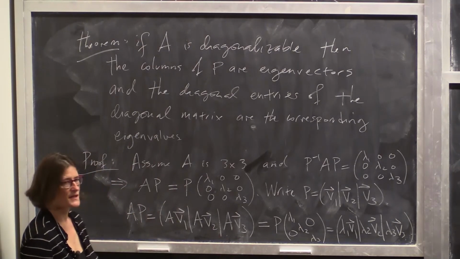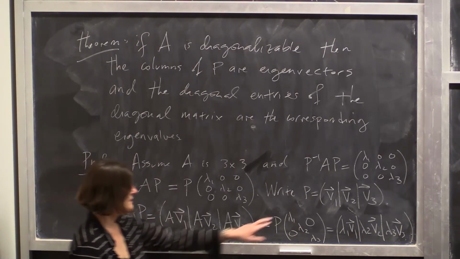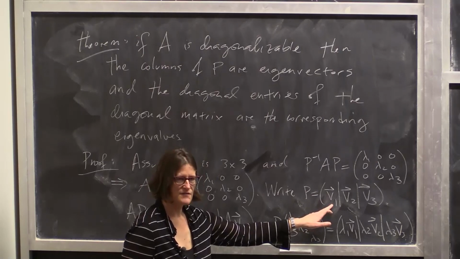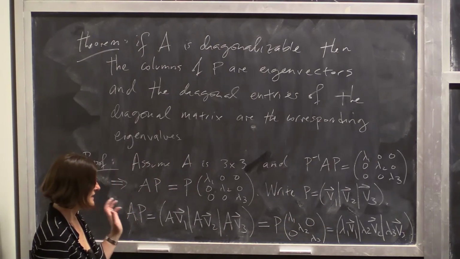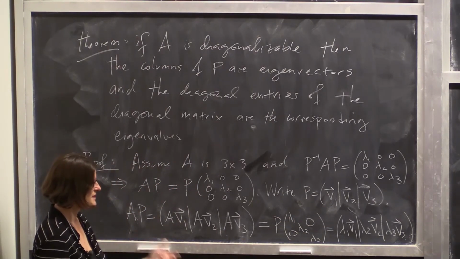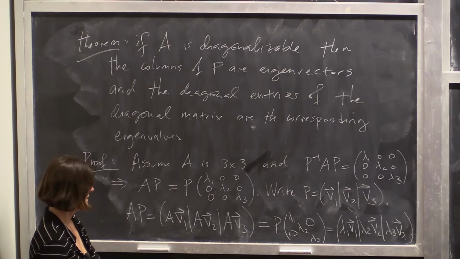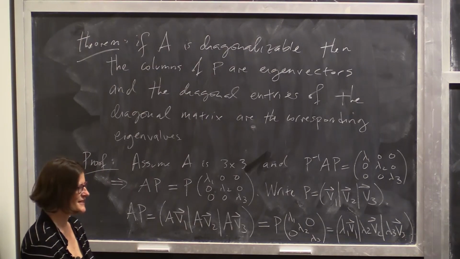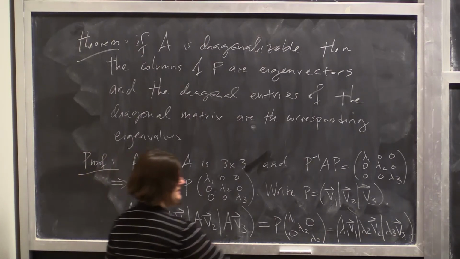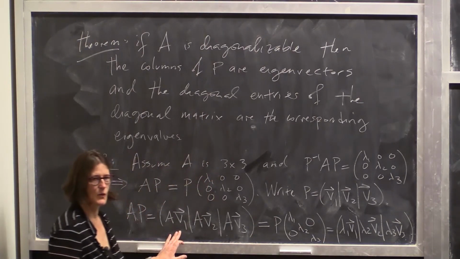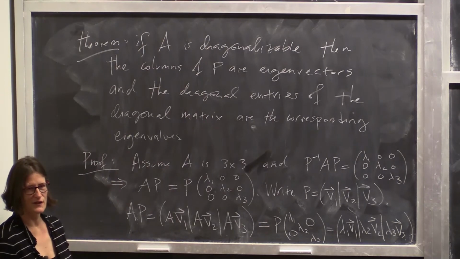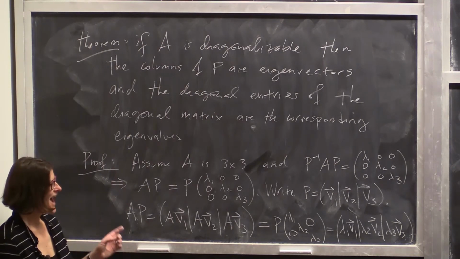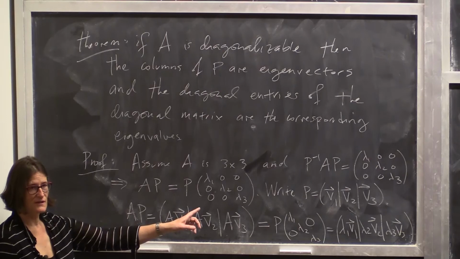Is v1 an eigenvector? If v1 is an eigenvector, then when you multiply A times v1, you're going to get some number times v1. That's the first condition. So certainly A times v1 is equal to lambda 1 times v1. What's the second condition for an eigenvector? Can v1 be the zero vector?